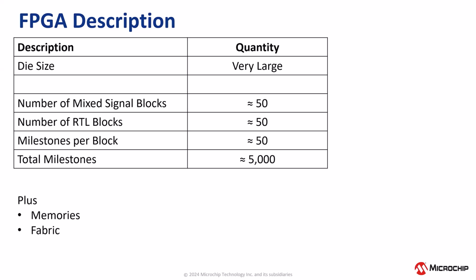The mixed signal IPs, intellectual property, are the analog parts, and the RTL IPs are the digital parts. A single IP is usually broken into smaller blocks, and the blocks are what we scheduled for this exercise. The total number of milestones in the schedule for all of the blocks is very large, in this case around 5,000.